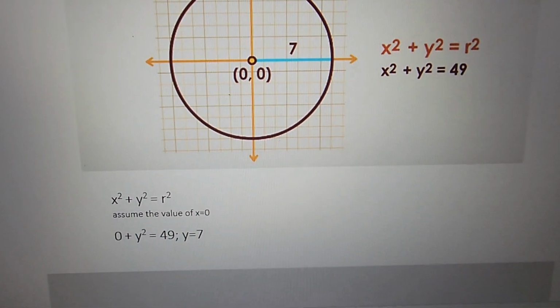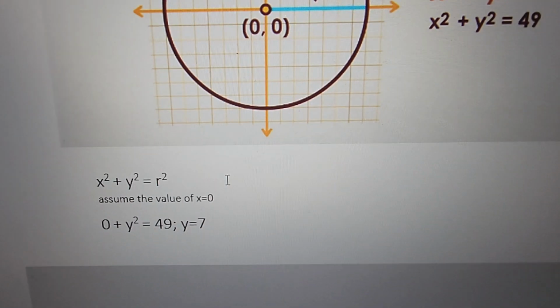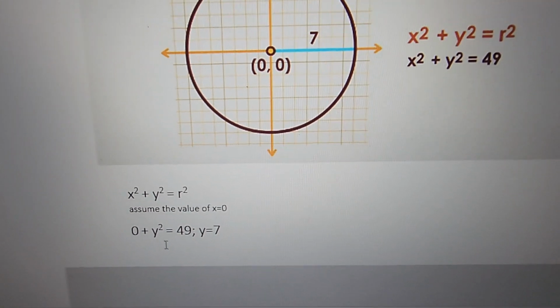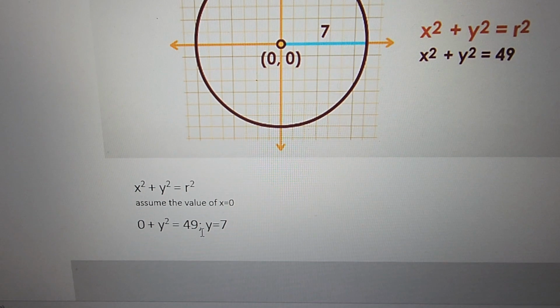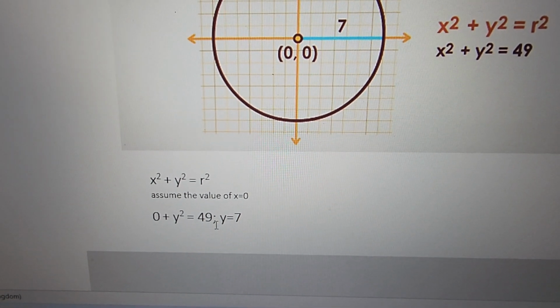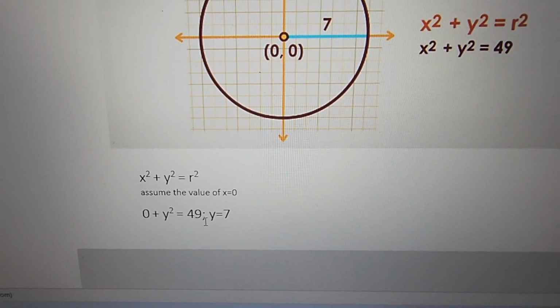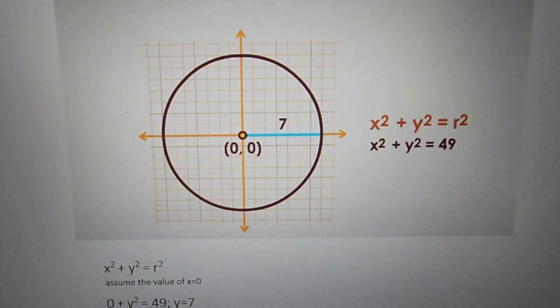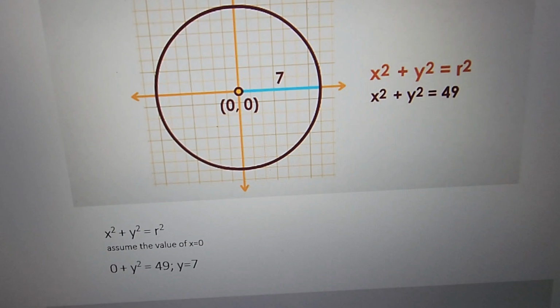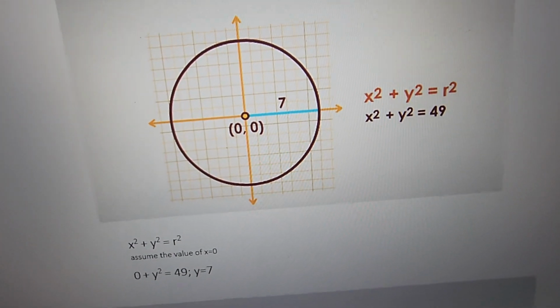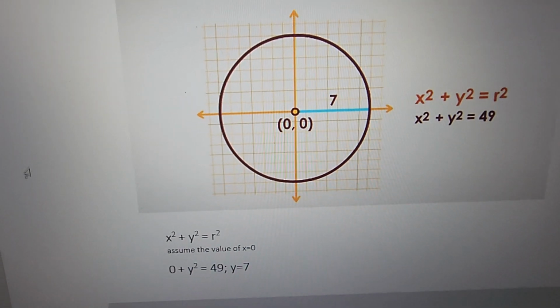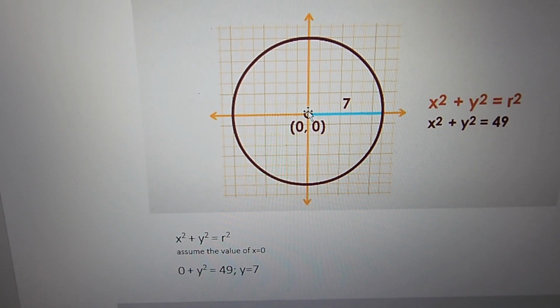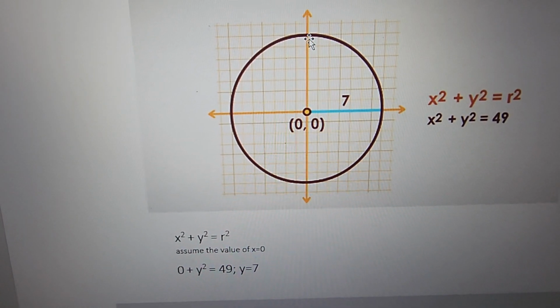Here, if we consider the value of x is 0, then y squared equals 49. That means y is the square root of 49, which is equal to 7. So if x is 0, the value of y is 7 here.